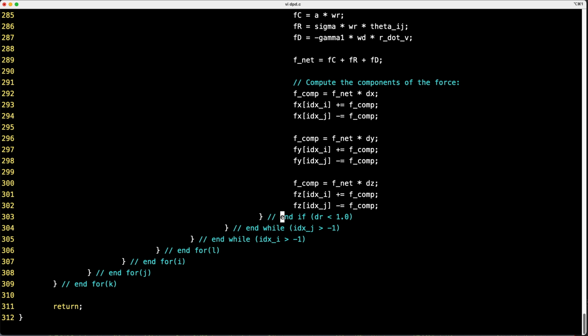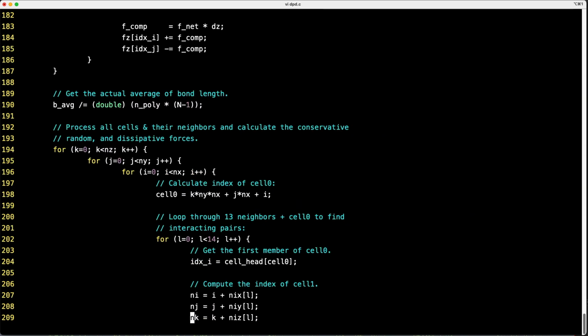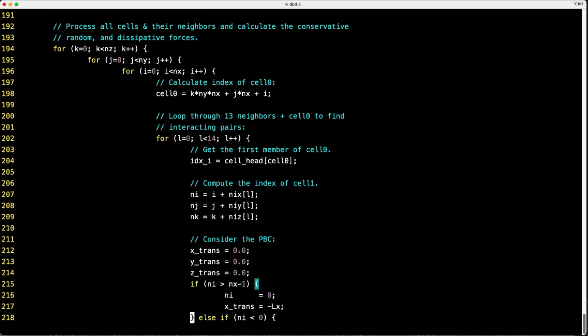So here we've ended the check of whether the particles are within a separation distance that would give rise to a non-zero interaction, right? Are they separated by a distance less than RC? So once we've done that, effectively all we've done so far is we've gone through each cell in the system, and for each cell that we look at, we've gotten the first particle that belongs to that cell, and then we've processed it with that cell and the head of that cell with 14 of its neighbors.